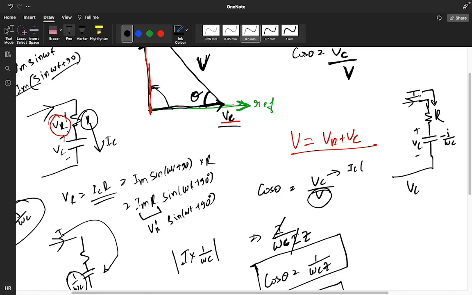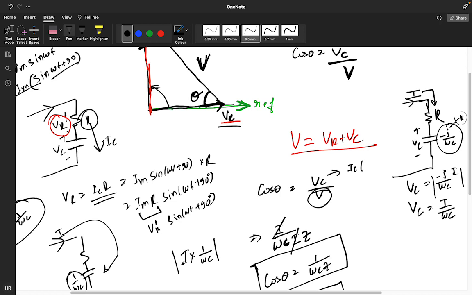VC is the product of I into the reactance. Suppose this is a resistor only. So VC is minus j by omega C, right, into I. If you take the magnitude part, the j will go with the mod part, so what will come? Only I by omega C.